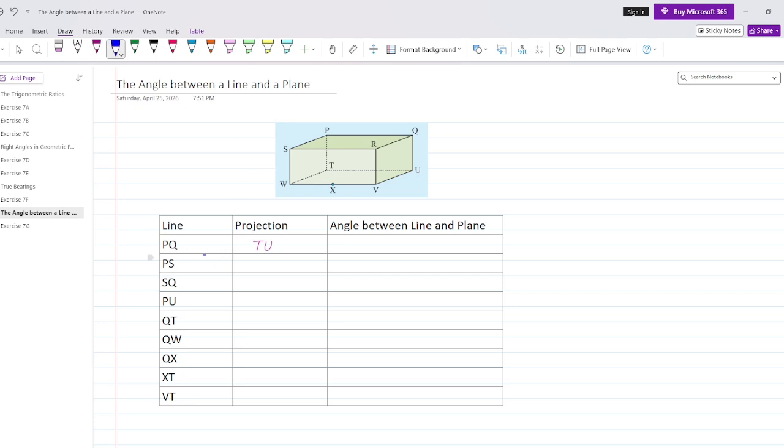Now PS. PS is this line. Its projection is going to be TW. SQ. SQ is this line. Its projection is going to be this line, WU.